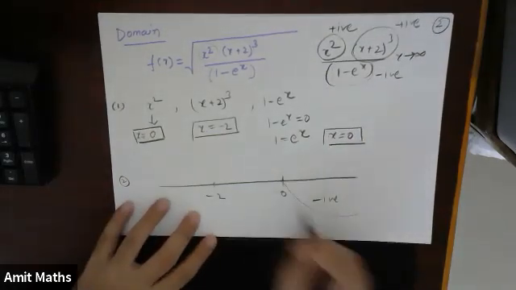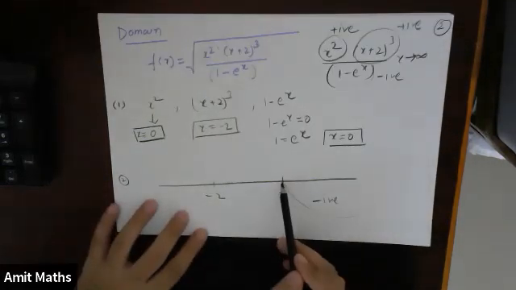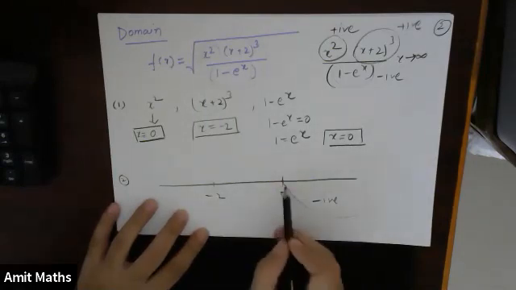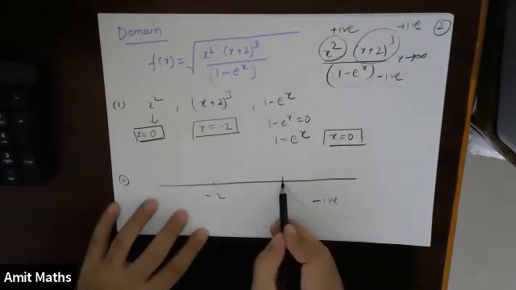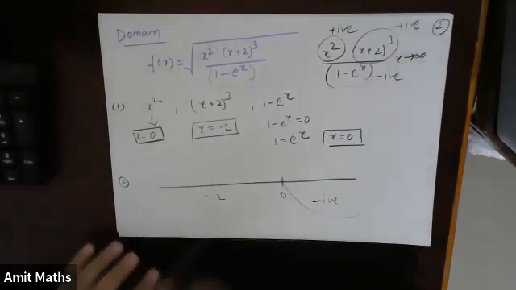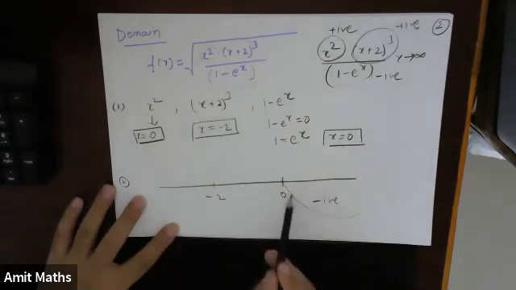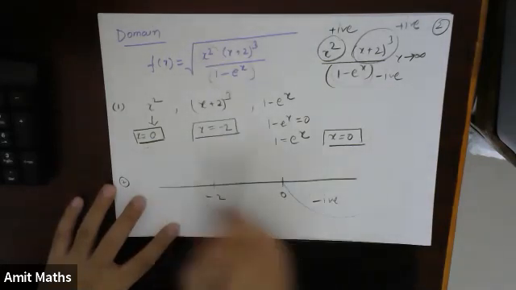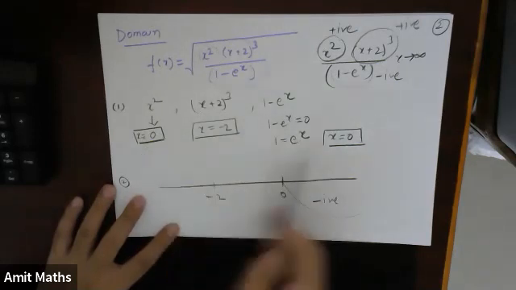Now at 0, I have to check whether this will bounce back or this will come up. If you have any confusion at 0 whether this will bounce back or come up, because you have two critical points as same, what I can do is substitute a value.